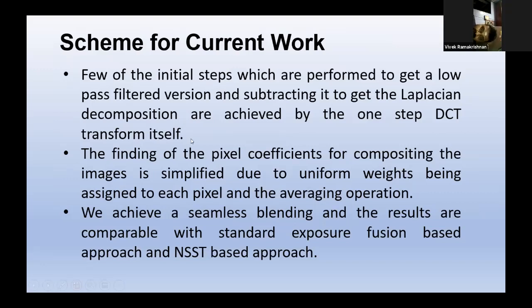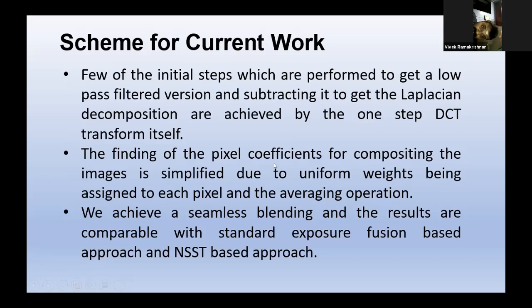So this is one gain. When I do a DCT transform of the image, I just map the steps of passing it through a LPF and subtracting the LPF version from the original image to get the Laplacian decomposition.